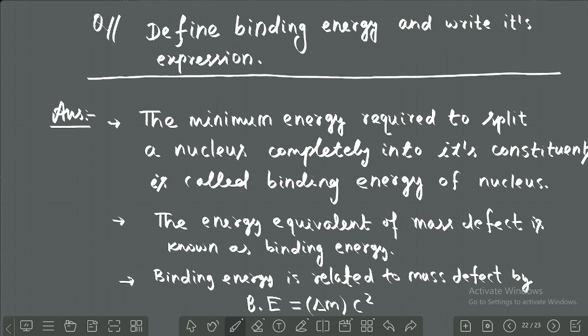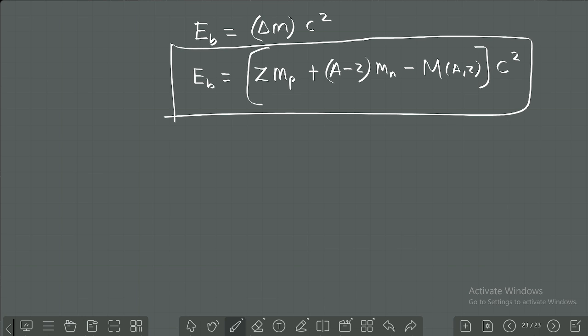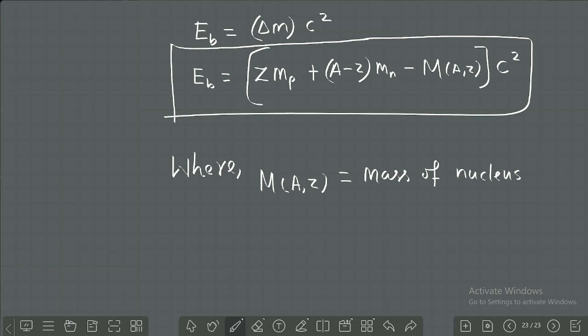Did you understand? Formula okay? And all the terms you are understanding here, right? M_Z is the mass of nucleus. M_P is the mass of proton, already you know this.